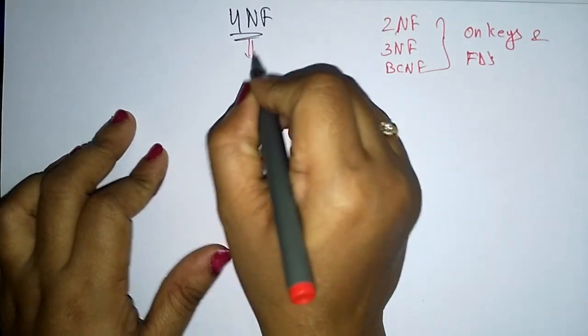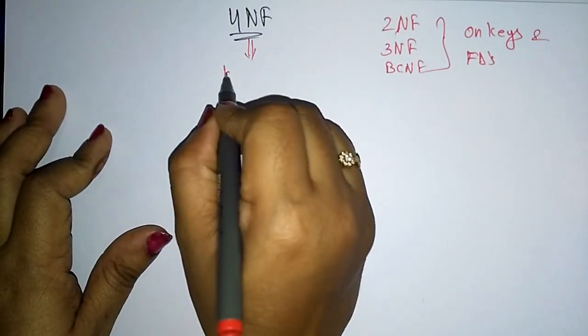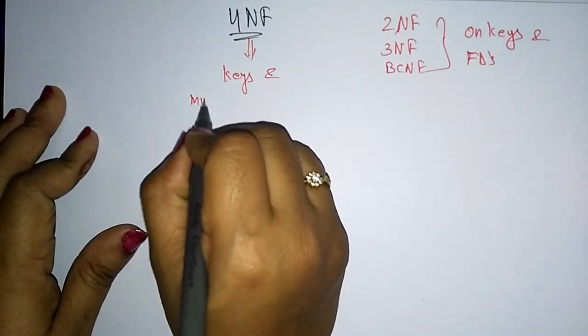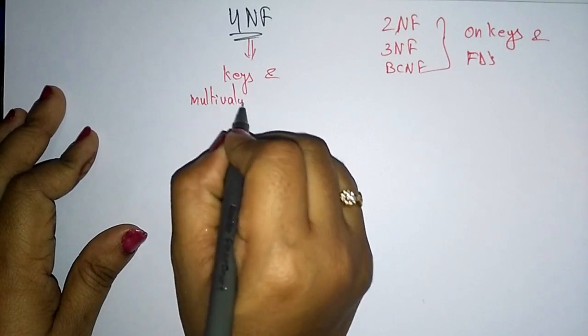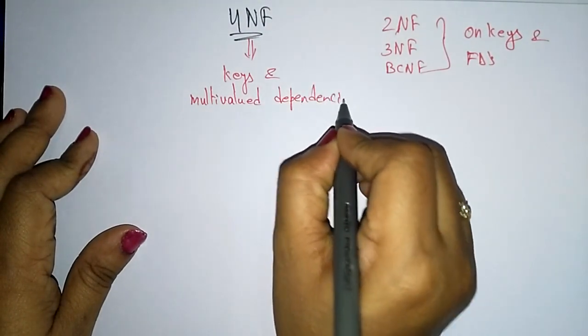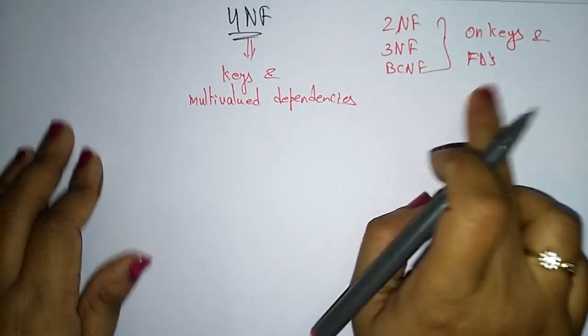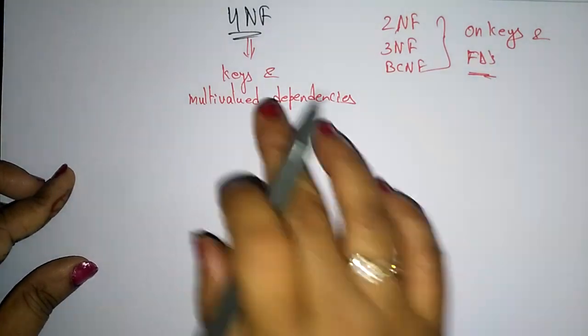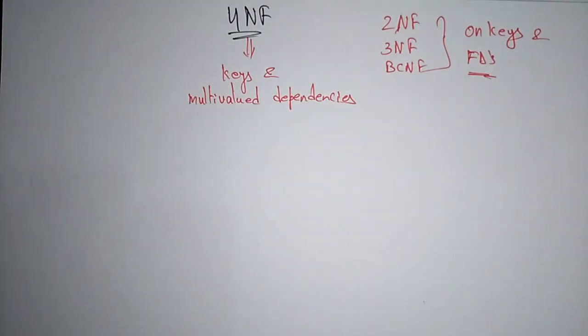Whereas 4NF is based on keys and multi-valued dependencies.